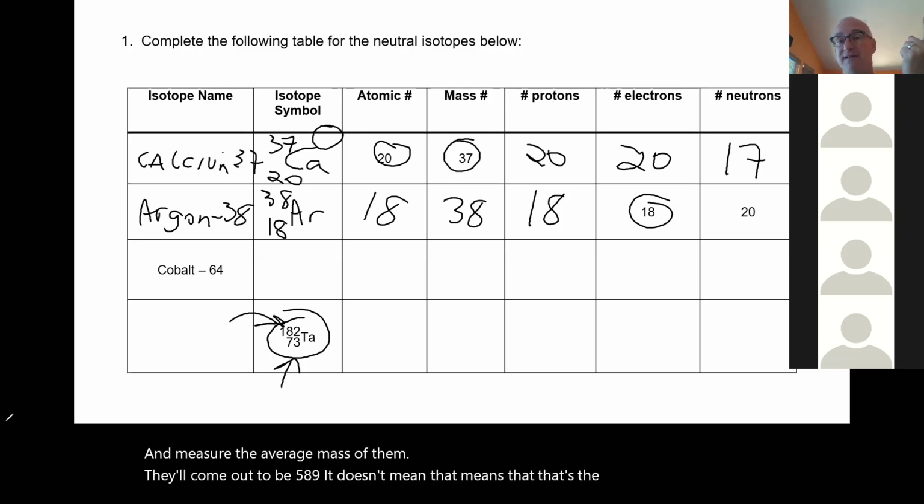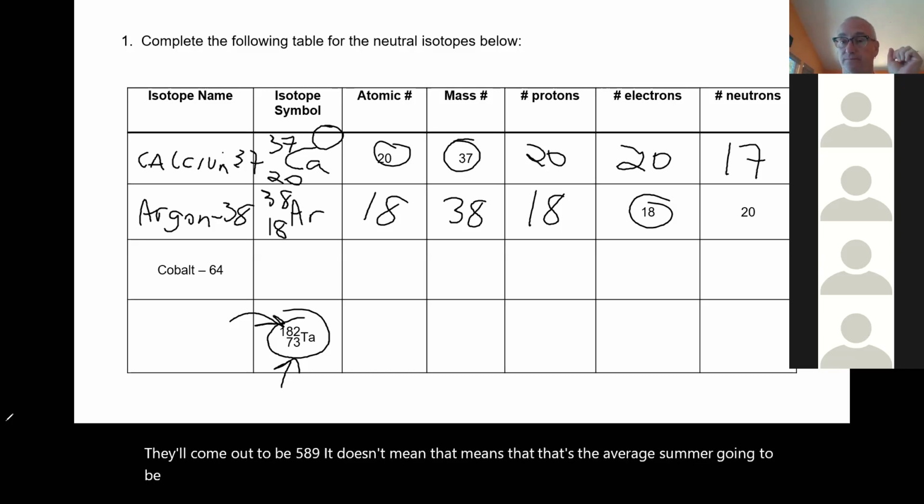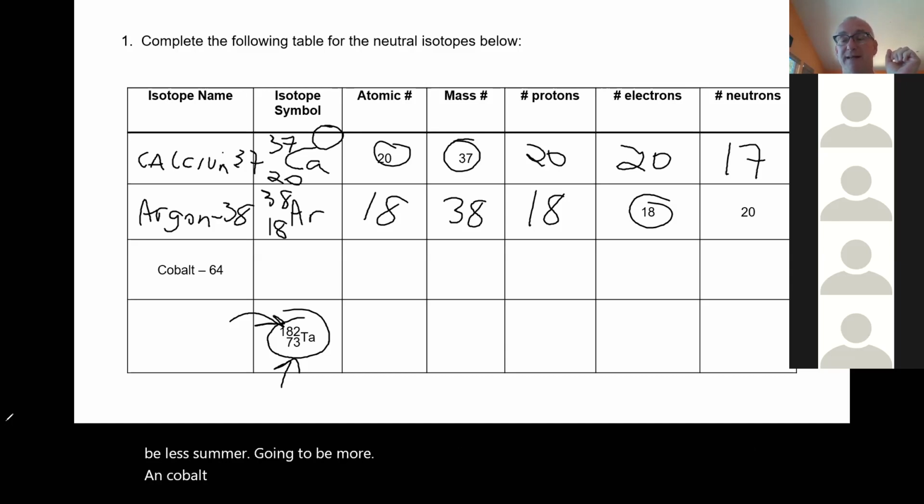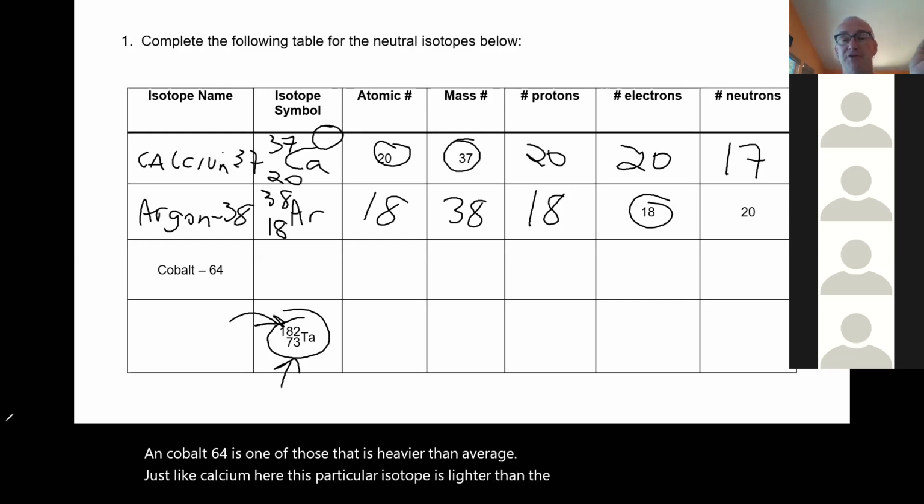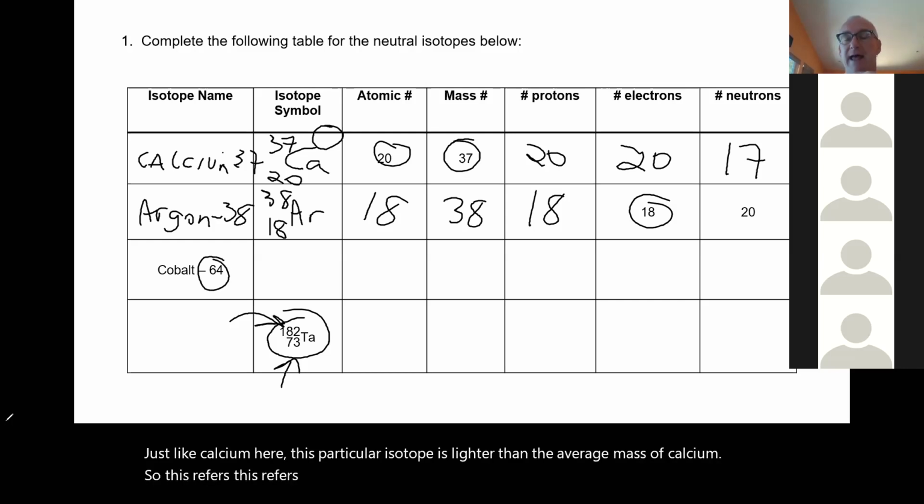Some are going to be less, some are going to be more. And cobalt 64 is one of those that is heavier than average. Just like calcium here, this particular isotope is lighter than the average mass of calcium. So this refers to a specific atom rather than the average atom. That's what you have to remember.